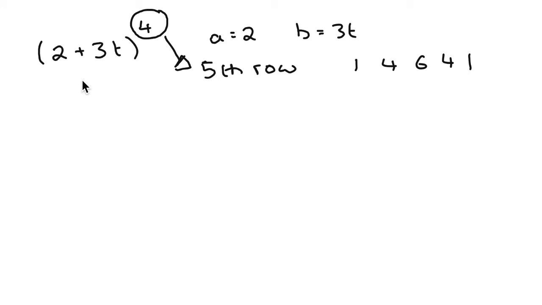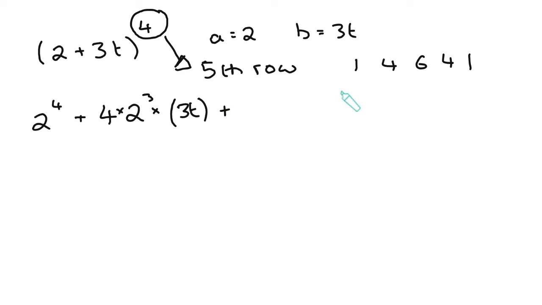So if we do this expansion in full, and you've always got to take care when you're doing this, let's do it slowly. We've got 2 to the power of 4, because that's our a to the power of 4. Then plus, and we're going to take the first coefficient, 4, times 2 to the power of 3, times b, so let's be careful, 3t.